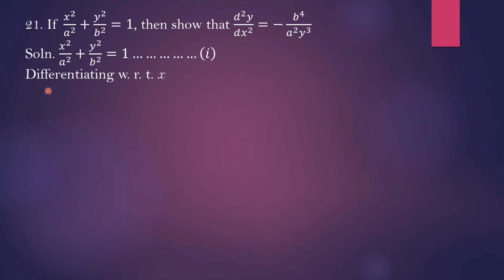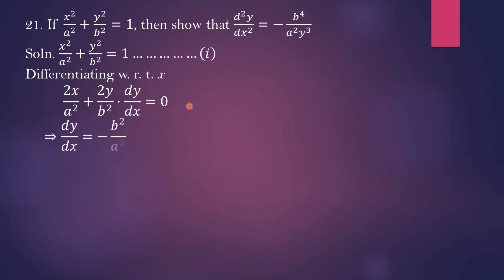So differentiating with respect to x, it will be twice x by a square remaining same, plus twice y by b square into dy dx, because the differentiation of y is dy dx, right side will be 0. Okay, so from here dy dx will be equal to, this term will go to the right side as minus, so dy dx equals minus b square by a square into x by y, mark it by 2.